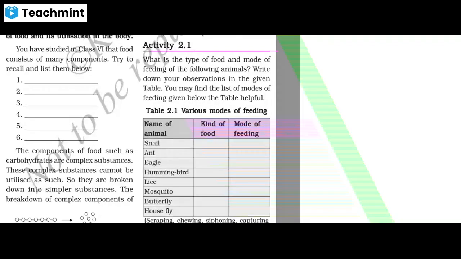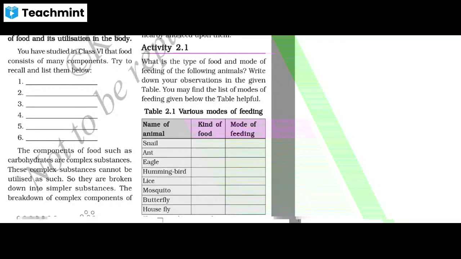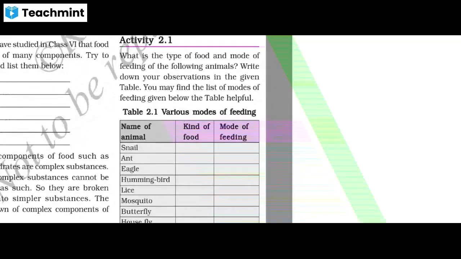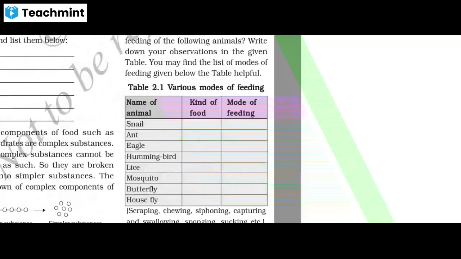Do you know the kind of food of a snail? Children, take down this table and make three columns: name of animal, kind of food, and mode of feeding. The first animal is the snail.